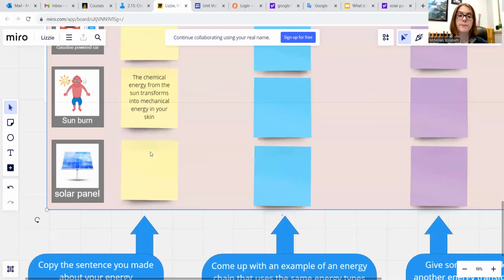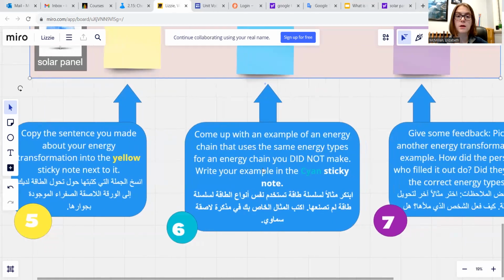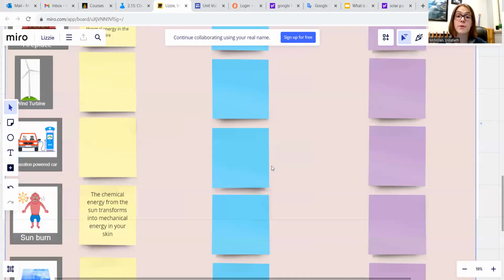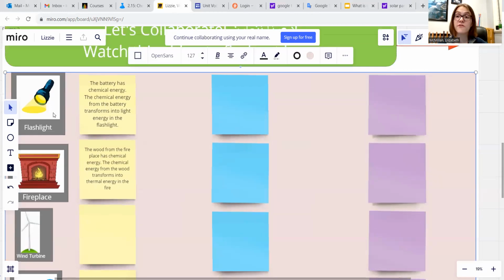Let's see what's going on in part 6. Part 6 is asking me to come up with an example of an energy chain that uses the same energy types as an energy chain example I did not make. The example I made was the flashlight, so now you're going to look at one of your friends' examples, which they will have put into a sticky note also.